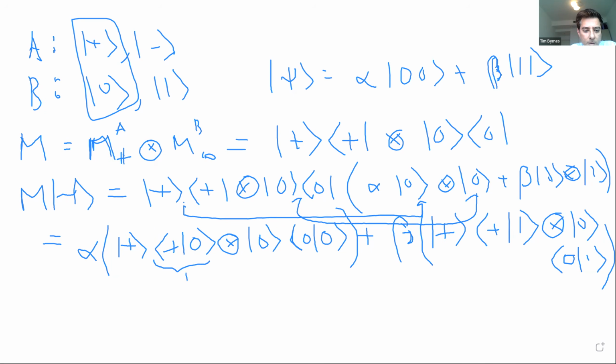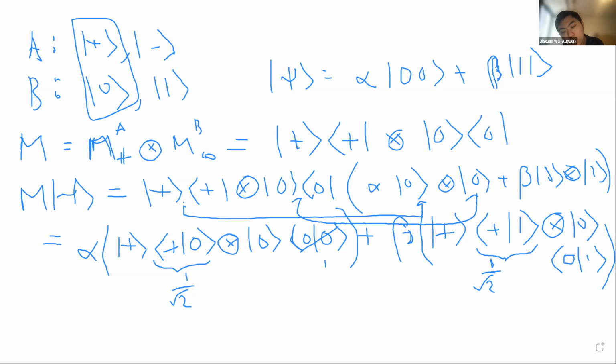What is the inner product of 0 and 0? Just 1. Here we've got, again, the inner product of plus and 1. What is this factor going to be? 1 over square root 2, yes, but no minus.